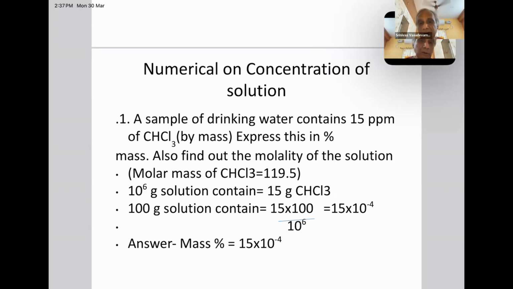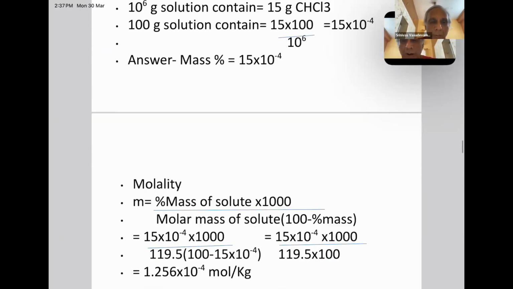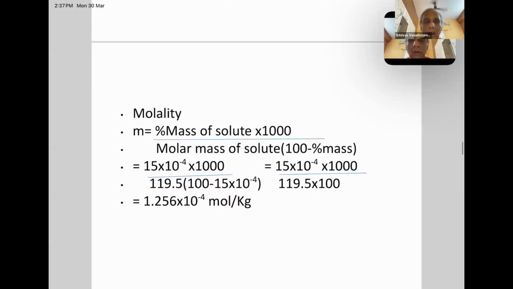The next part of the question is to find the molality of the solution. Now the percentage mass is known, the molecular mass is known, so I can use the formula. Molality equals percentage mass by molecular mass into 1000 by 100 minus percentage mass. So 15 into 10 power minus 4 into 1000 divided by 119.5 into 100 minus 15 into 10 power minus 4. 100 minus 15 into 10 power minus 4, I can take as 100.